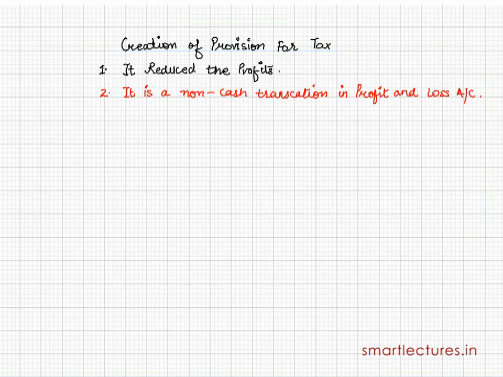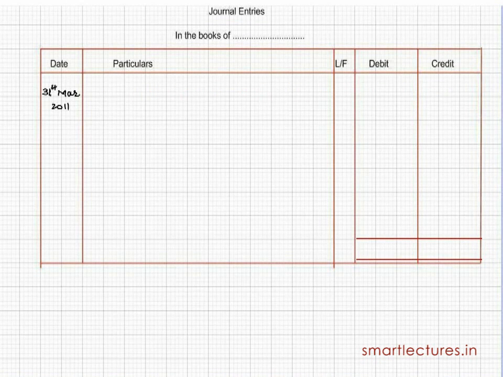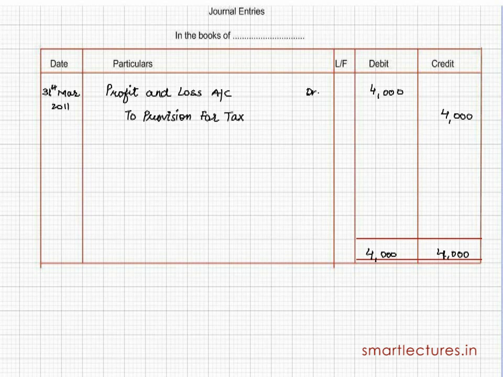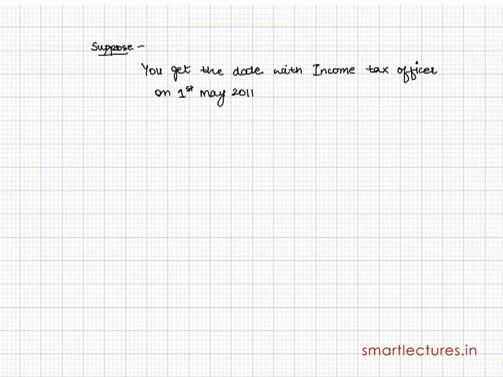So let me tell you how the journal entries are passed. I'm going to pass the journal entries for the same example. It was 31st March 2011 and you created a liability of rupees 4,000. So the journal entry will be: profit and loss account debit to provision for tax 4,000. Suppose you get a date with the income tax officer on 1st May 2011 and you take your books to the income tax department.